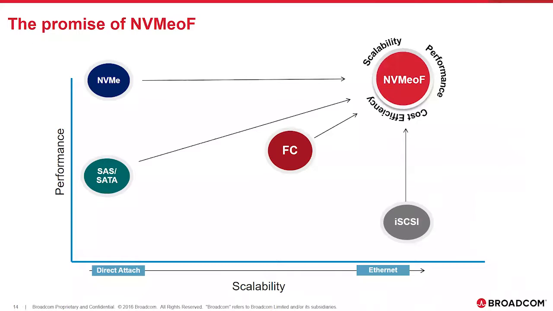It allows you to combine the performance of NVMe storage with the scalability of technologies such as iSCSI. Right, and those characteristics, scalability, performance, and also the cost efficiency that come with using ubiquitous Ethernet infrastructure that exists in basically every data center, are what is driving the adoption of NVMe over Fabrics today.